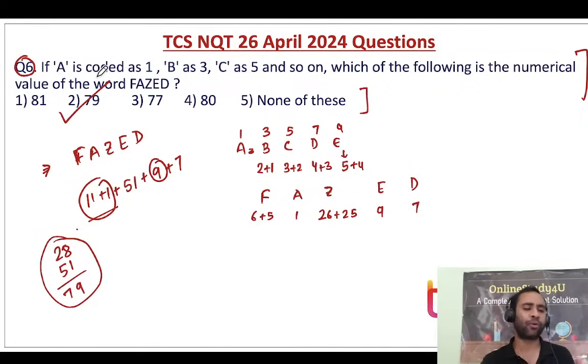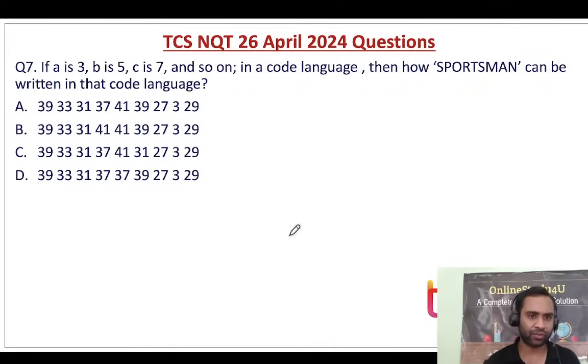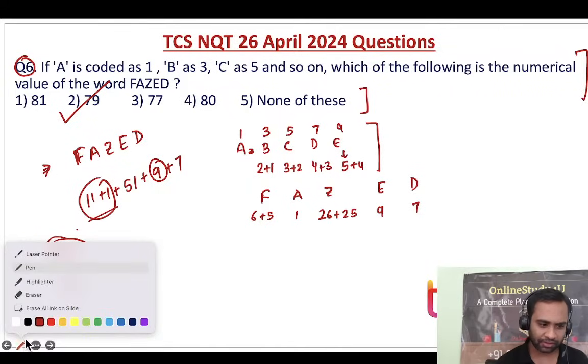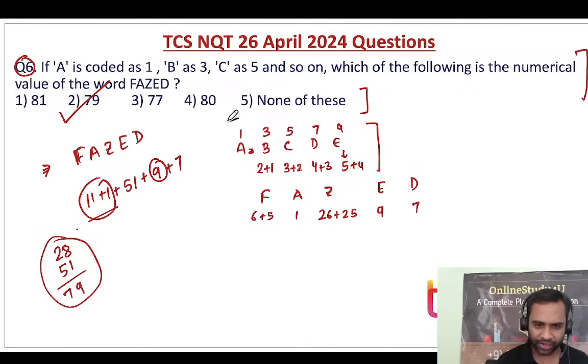So basically see, coding decoding problems, you need to understand the logic, you need to get the logic. Okay, fine. Now question number 7. See, we just now saw how they have coded, right? So we try to figure it out. What is the coding pattern?